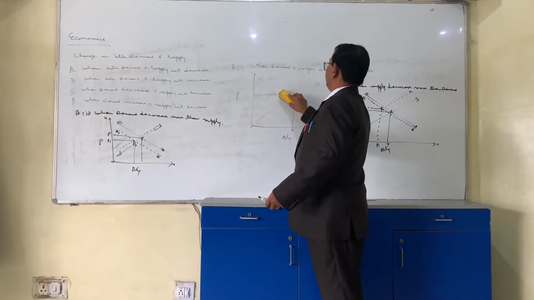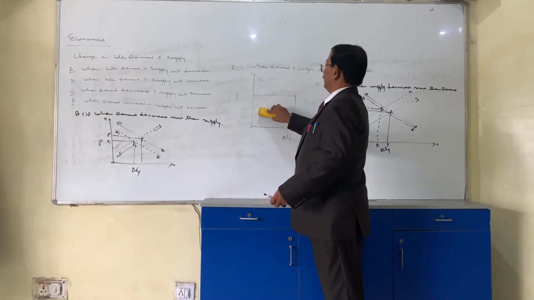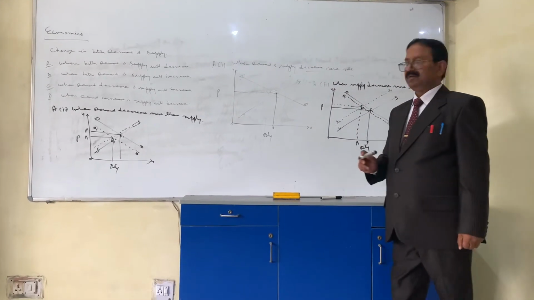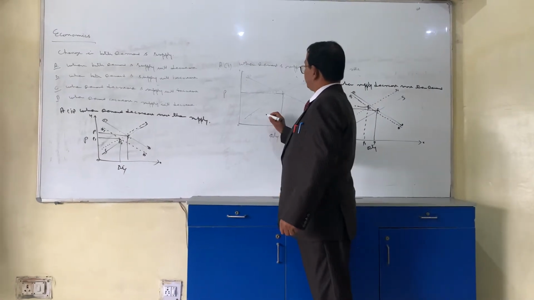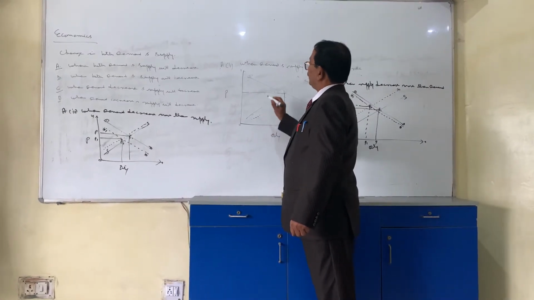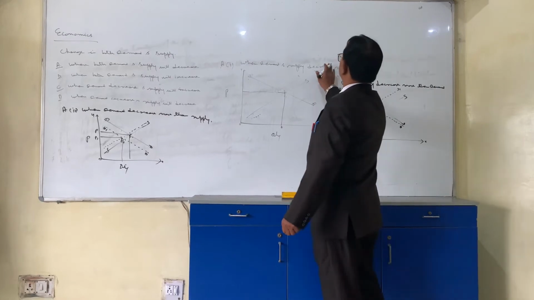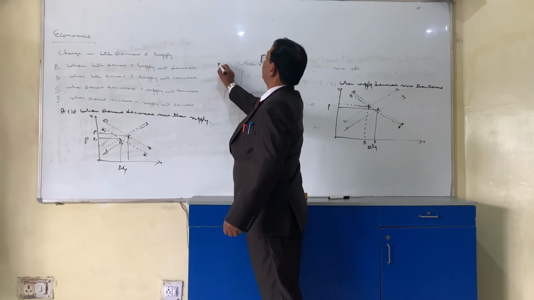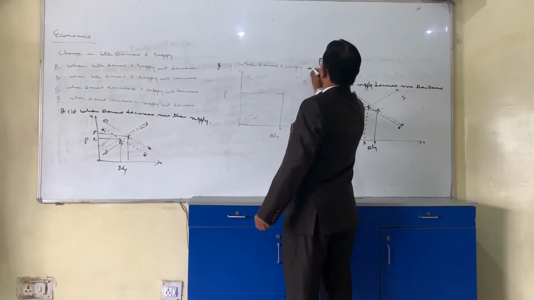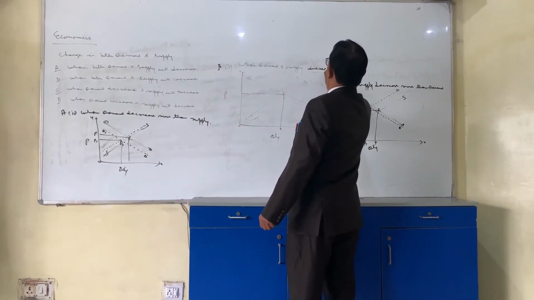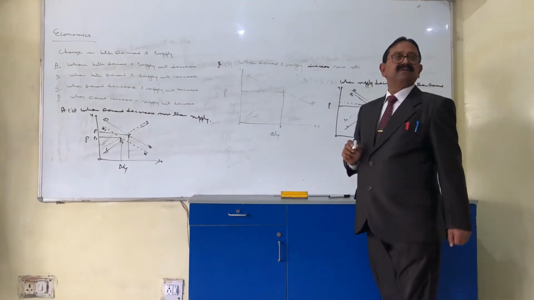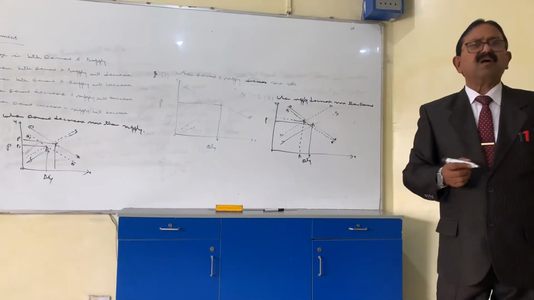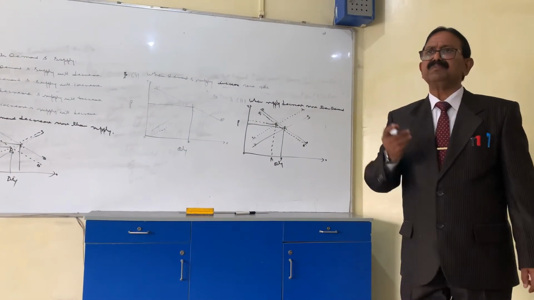Already you know that increase means rightward shift in the curve, so that is just opposite, same rate. When demand and supply increase, second combination, at the same rate. 10% supply is also increased, 10% demand, or maybe 20%, whatever you assume.